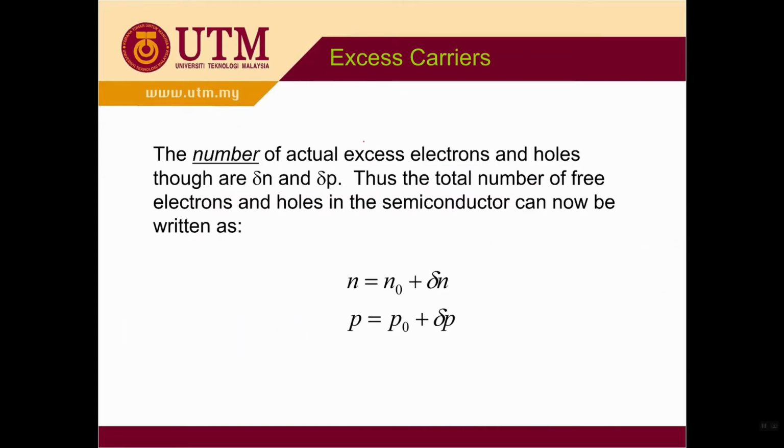The number of actual excess electrons and holes are called delta n and delta p. The n0 and p0 are the ones that we learned in chapter 4. If you add them up, we get the total number of free electrons and the total number of free holes.